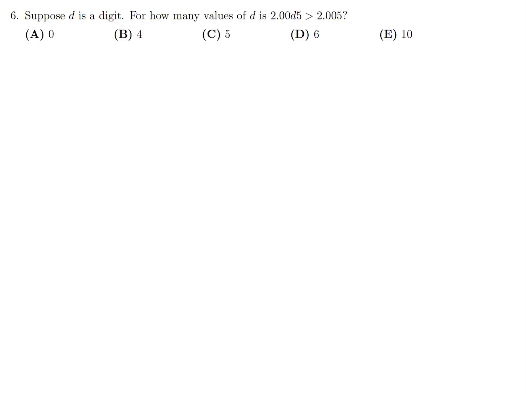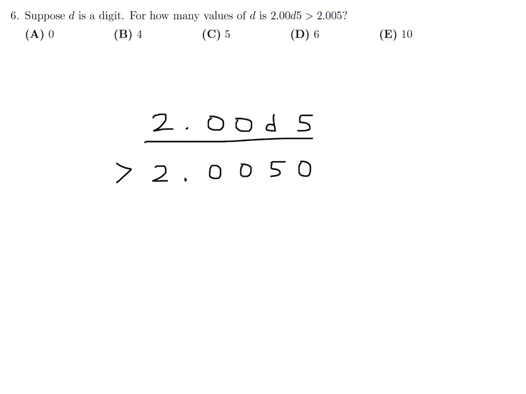Suppose D is a digit. For how many values of D is 2.00D5 greater than 2.005? I'm going to line this up one on top of the other so it looks a little easier. We want this number to be bigger than that one.